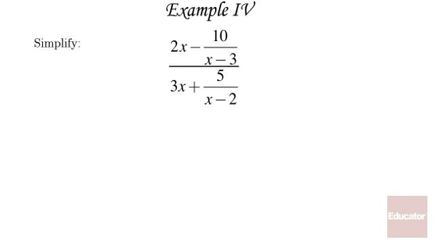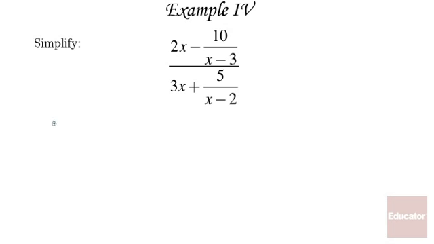Okay, in example 4, I have mixed expressions and a complex fraction. The way to handle this is to first get rid of this mixed expression. I want to turn this into a rational expression up here and down here so that then I'm just working with the complex fraction.